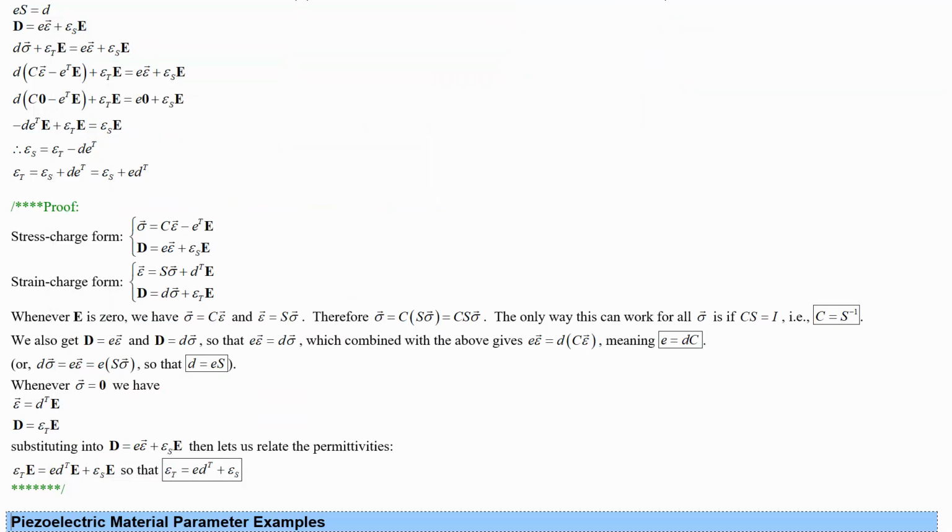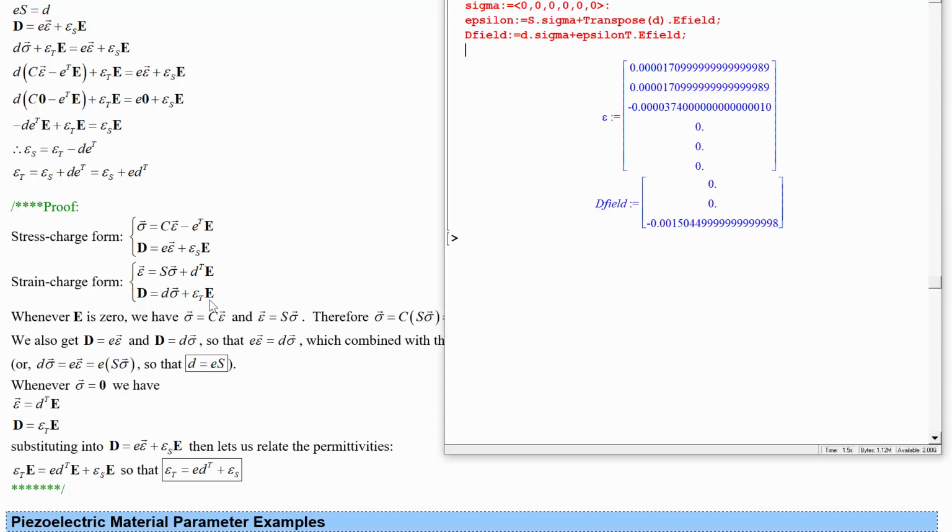But the thing that was a little bit weird about that calculation in FlexPDE is that the stress was equal to 0, so we had nothing showing up in the other dimensions. How can it be that we have non-zero strain in all the dimensions, but we get only a charge displacement field in the z direction from this equation?